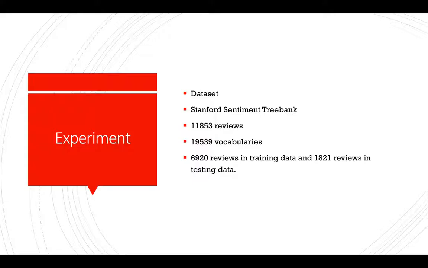I used the split set label in the dataset to split training data and test data. So there are 6,920 reviews in training data and 1,821 reviews in testing data.